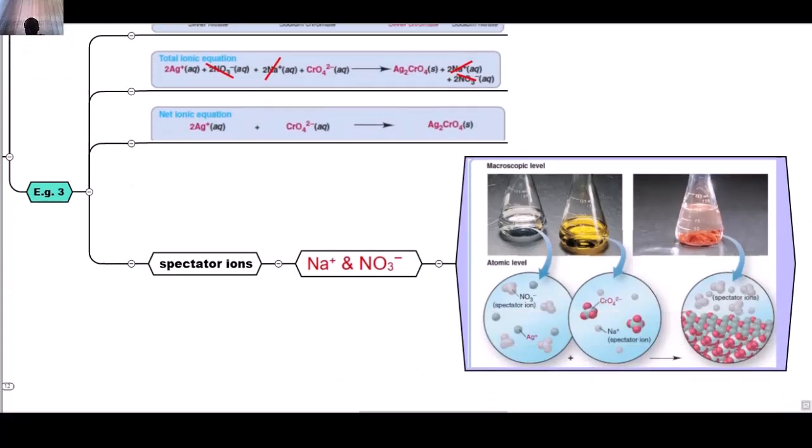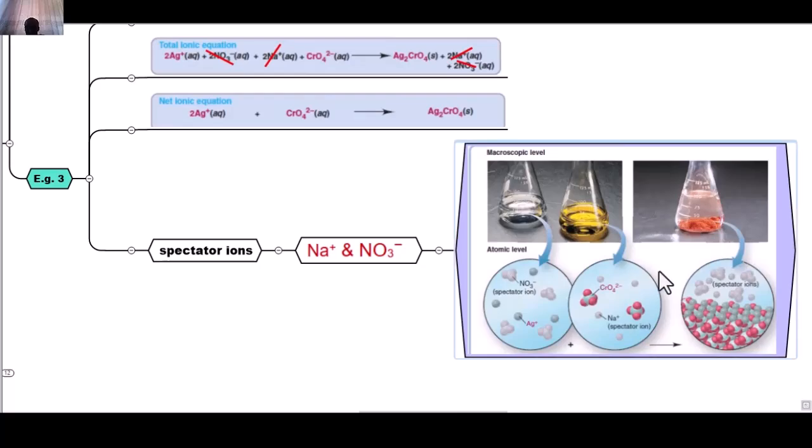By visualizing, as you can see from here, this one is silver nitrate and this one is sodium chromate. After the reaction of silver nitrate and sodium chromate, it becomes like this. This solid part is silver chromate, and there are some spectator ions that have not reacted, they exist individually.